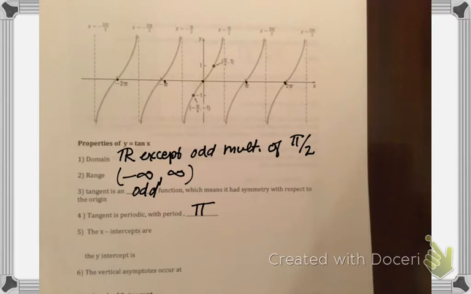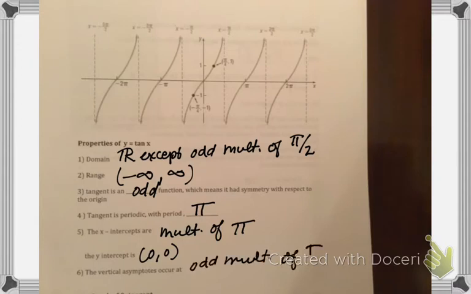So it's pi, 2 pi, 3 pi, 4 pi, etc. So if we make that generic, we can say that they are multiples of pi. The y-intercept occurs at 0, 0. And there are vertical asymptotes, once again, at places where it is undefined, which is odd multiples of pi over 2. Okay, so now tangent's in the bag, and you know what that looks like.